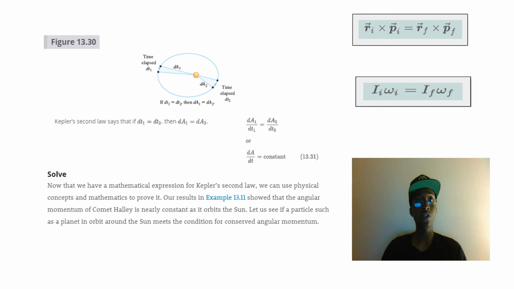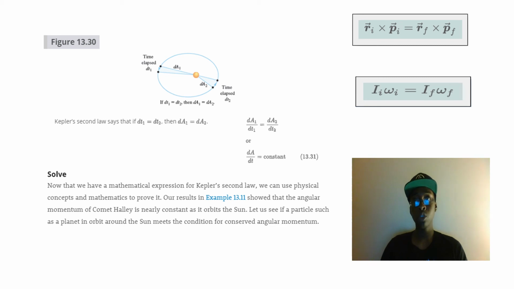Our results from the first figure show the angular momentum of comet Halley is nearly constant as it orbits the sun. It lets us see if a particle such as a planet in orbit around the sun meets the condition for conserved angular momentum. We assume other planets and objects in the solar system exert negligible force on the planet, and the only force acting on the planet is Fg due to the sun's gravity.